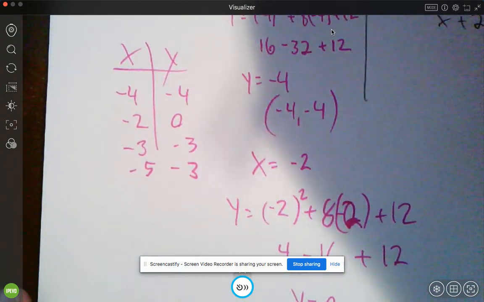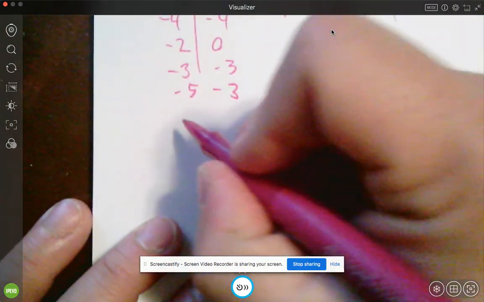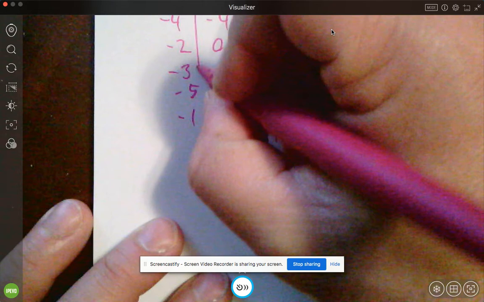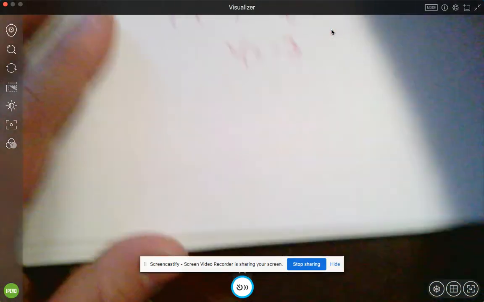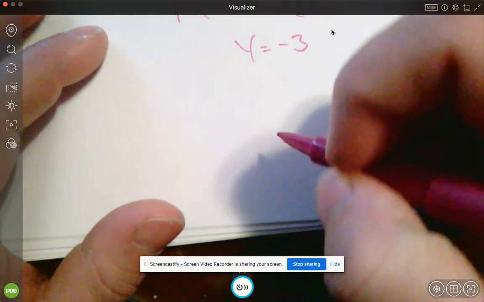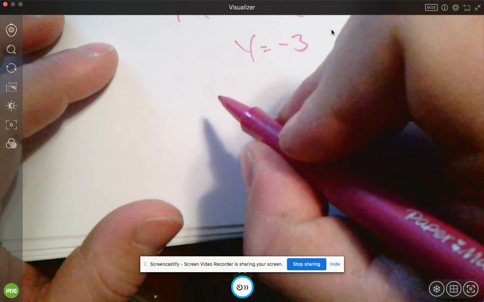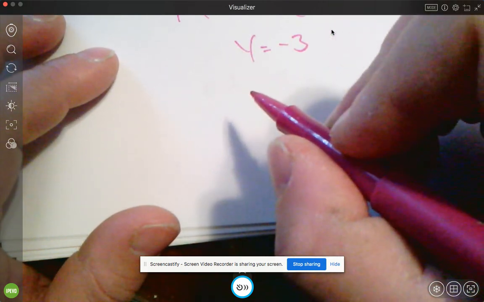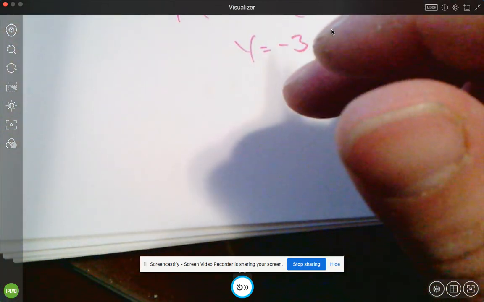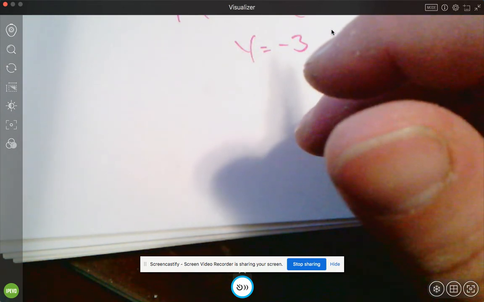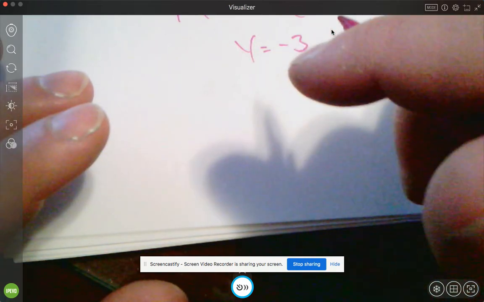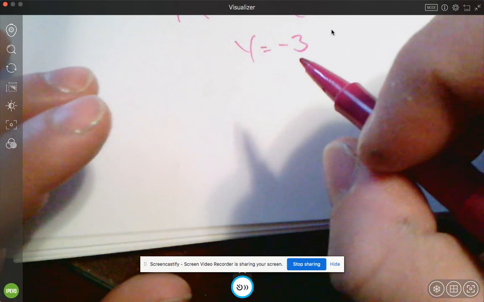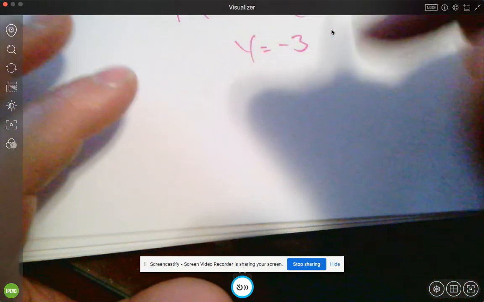Let me do that -1 now, finally. My bad. I'll throw a -1 there too. You can see this takes a little bit of time, especially to get all the right coordinates. Depending on the graph, you can get like 5 coordinates. Some of them you might only get 3 if they're really skinny and they don't fit too much.